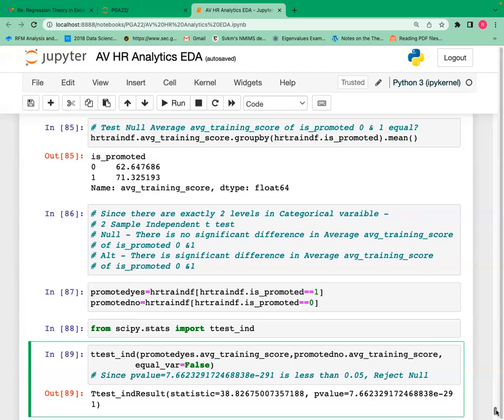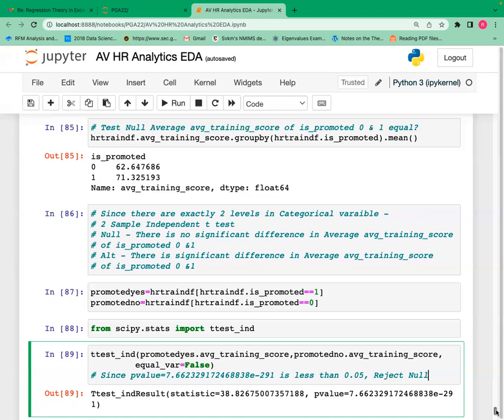We use the two sample independent t-test when we have exactly two levels in the categorical variable. is_promoted has exactly two levels, 0 and 1. 0 represents no, 1 represents yes. In binary variables, 0 by default is always no and 1 is always yes, in alphabetical order.